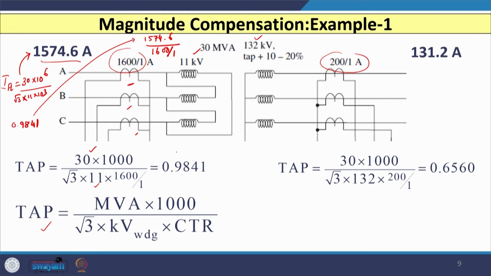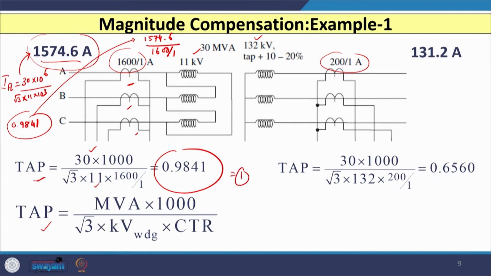So, I will have the value 0.9841. In the earlier case, when we transformed the full load current to the secondary side of the CT on the LV side, we had the value 0.9841, and with this equation I will have the value 0.9841. So, if you divide these two, you will have the value 1.